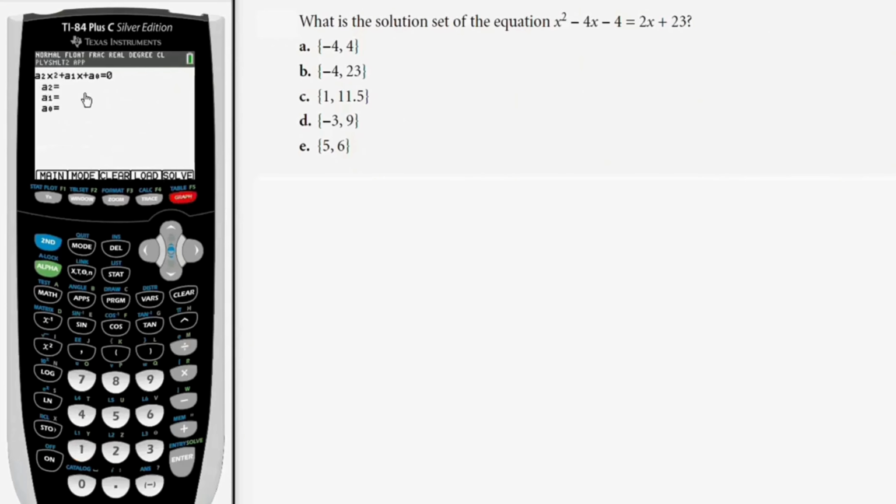Alright, let's input the values of A2, A1, and A0 respectively. Now, our A2 will be the coefficient of the leading term, x squared, which is 1. Alright, press enter. Then our A1 will be the coefficient of the term following the leading term, which is minus 6x.